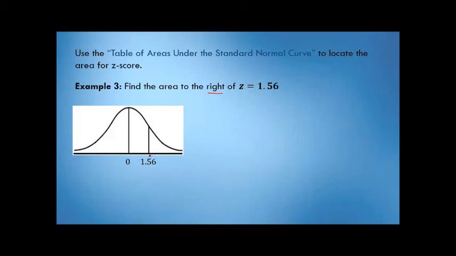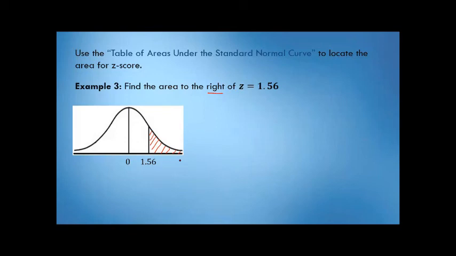So, ang pinapahanap is area to the right of this z-score. So, ito yung mga nasa kanan niya. Okay? So, mula sa 1.56 pakanan hanggang dulo or yung tail ng ating curve. Okay? Dahil yun yung pinapahanap to the right of z.